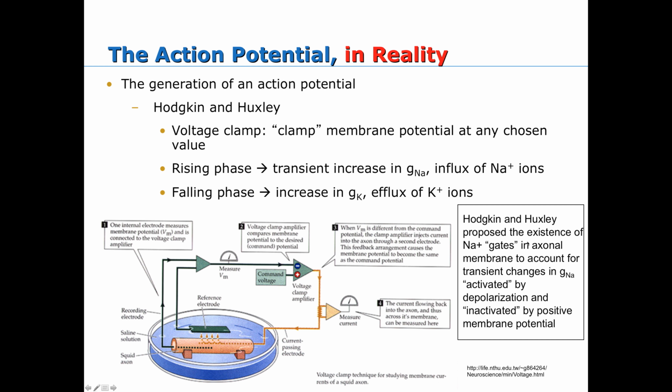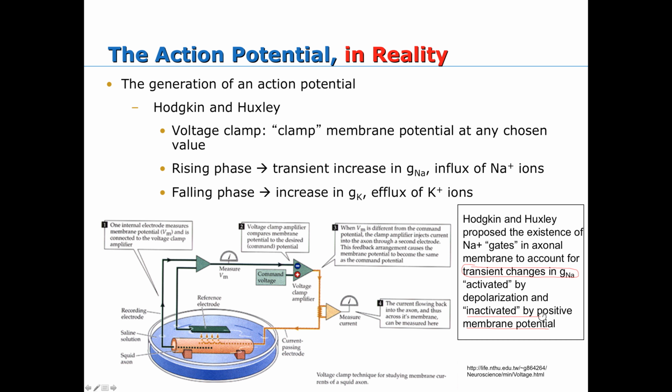So Hodgkin and Huxley were able to use voltage clamp techniques, clamping the membrane potential at any chosen value, to hypothesize and propose the existence of sodium gates in axonal membranes, accounting for changes in the conductance of sodium by depolarization and inactivation by positive membrane potentials.